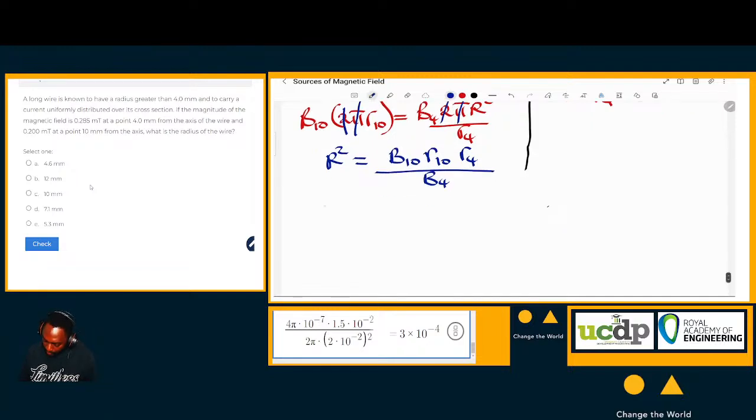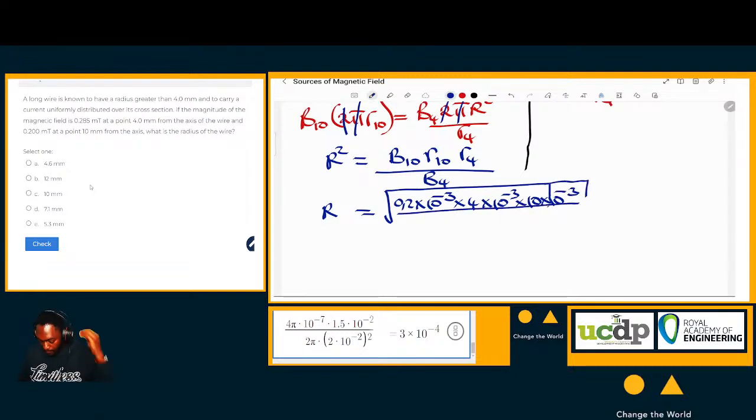Okay, so your r is going to be equal to the square root of B of 10, which is 0.2 times 10 to the negative 3, times 4 times 10 to the negative 3, times 10 to the negative 3, over B of 4, which we're told is 0.285 times 10 to the negative 3.